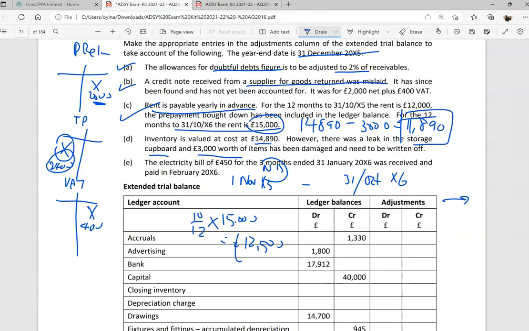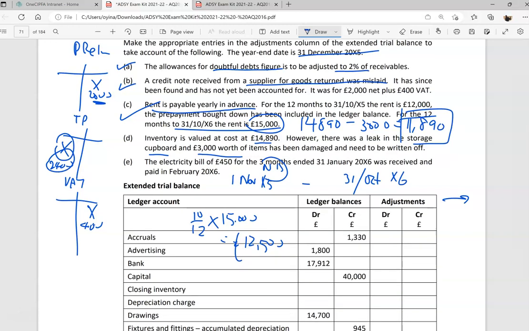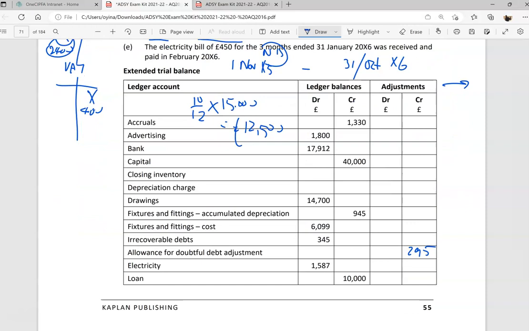Remember, what I'm really doing here is debiting closing inventory as the asset, 11,890, and this adjustment is crediting cost of sales when it comes through. So I'm going to see this translate into the asset this way, and see this in the income statement on the credit side when I'm adjusting cost of sales.